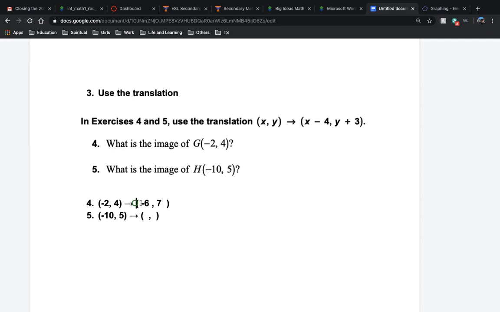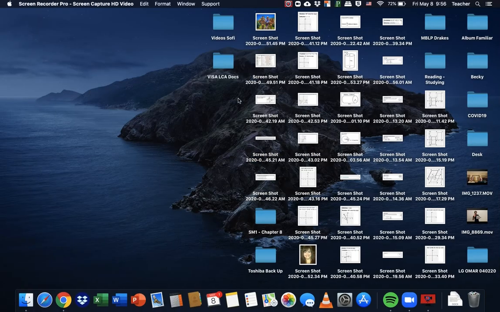So this is the new location of point G. This is actually G prime, okay? And now I'm going to do the same with H. So I translated 4 units to the left of 10 is going to be 14, and 3 units up, 5, then this is the new location. And that's it. I'm done with this first part of the exercise, okay? This first unit 11.1.